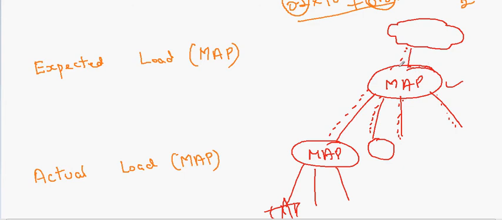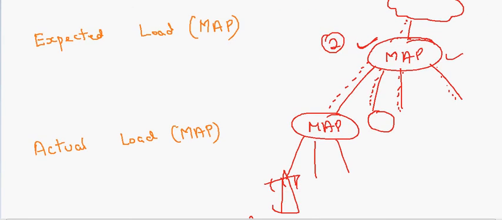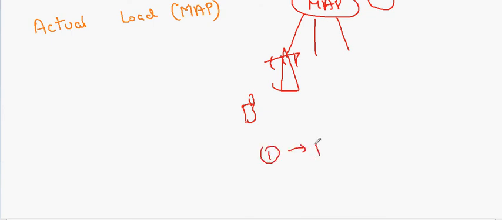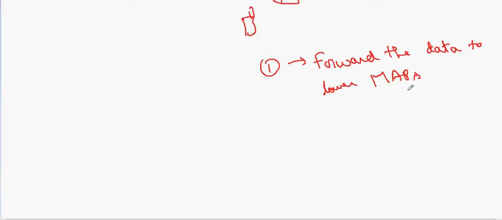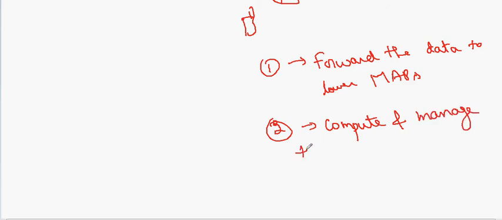So this MAP has two goals. One is to forward the data to lower MAPs, and the second one is to compute and manage the mobile nodes that are registered under that MAP.